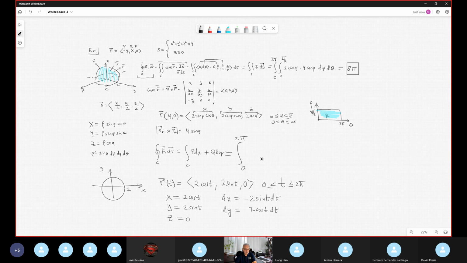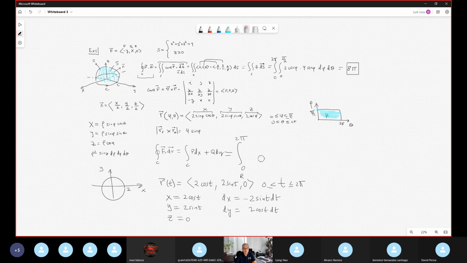And plugging in P. Who is P? Well, P is negative y. No, sorry, that is not PQR, that is not a vector field. P is negative y.